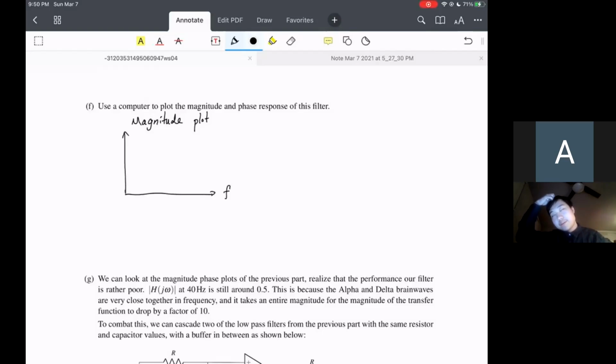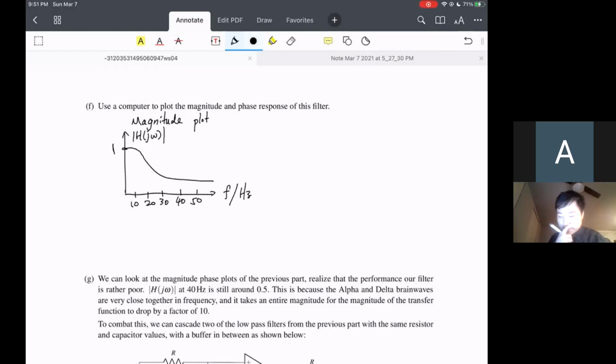We wouldn't say it's omega because it's in the unit of hertz instead of radians per second. And on the y-axis, we have the magnitude of the transfer function H of j omega. It starts up at 1. As the frequency increases, it's going to look something like this.